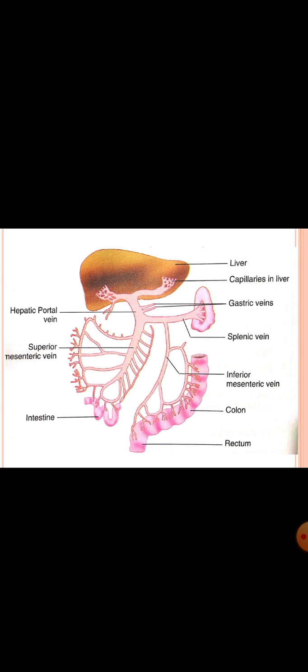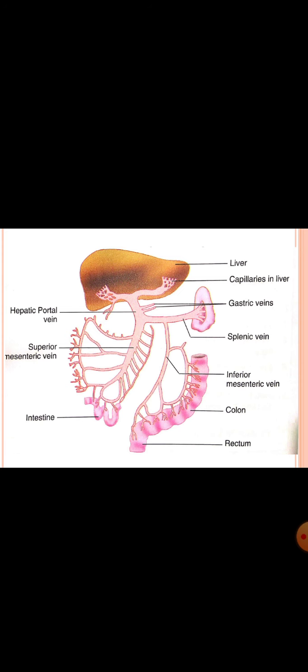Instead, they join to form the hepatic portal vein. It carries blood with digested food to the liver, where it ramifies into capillaries, and these capillaries then rejoin to form a pair of hepatic veins.